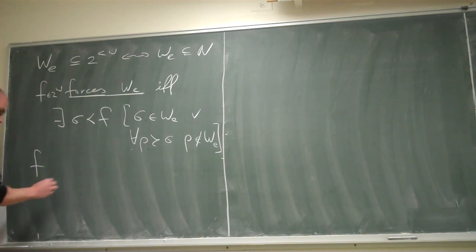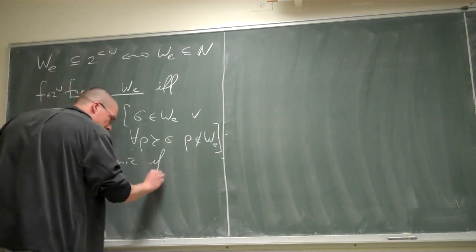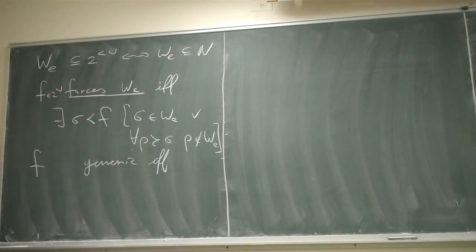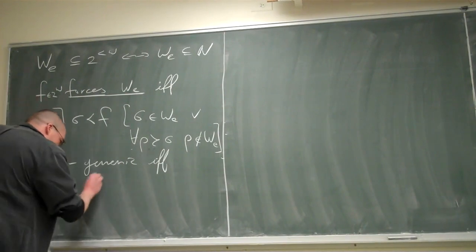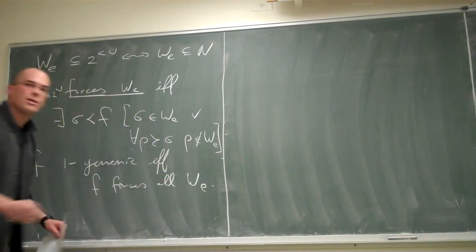Now we say F is generic if, well, of course, if you are one of these people who knows about set theory, then you know what it means to be generic. Generic means intersect all dense sets. Now, intersecting all dense sets is really too much for us to ask, because we're doing computability theory. So that's why instead of generic, we define one generic, and that means that F forces all WE.